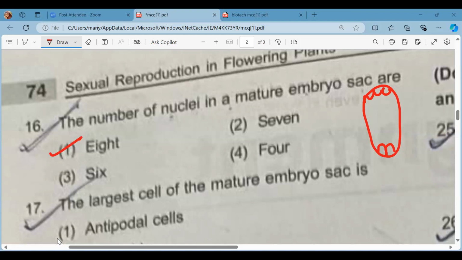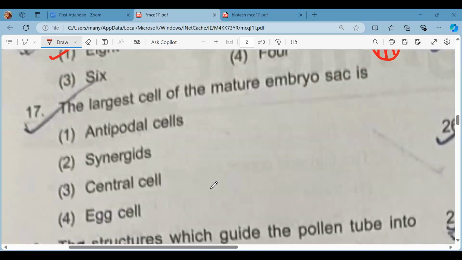So the embryo sac that is mature is 7-celled, 8-nucleated, isn't it? Yes, ma'am. Now, the largest cell of the mature embryo sac is the central cell. Very good, central cell.